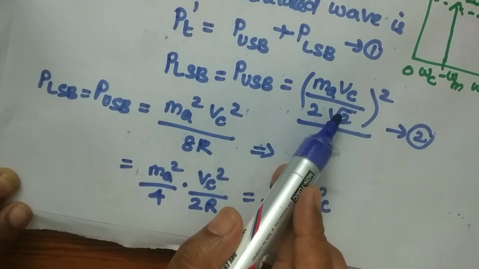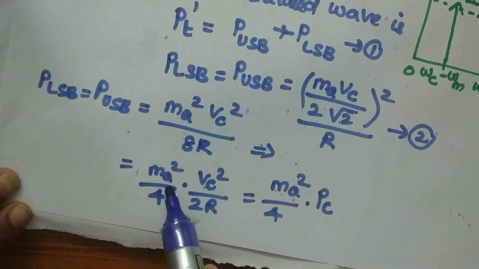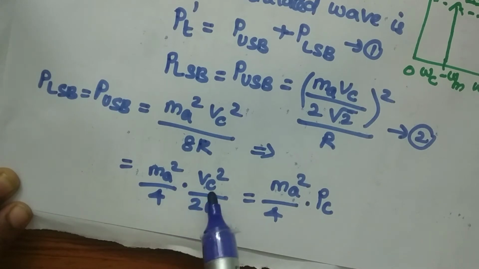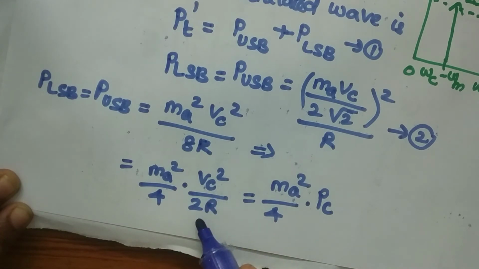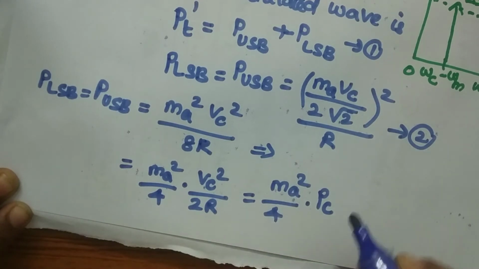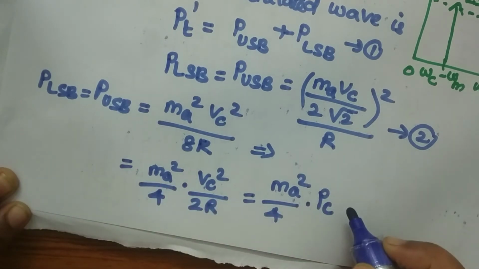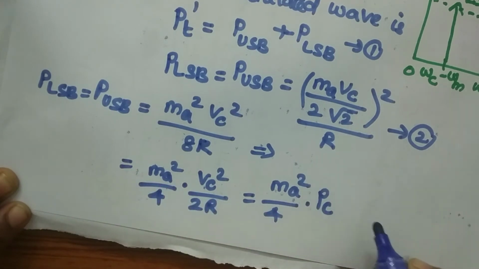Simply expanding this expression, we get MA squared by 4 into VC squared by 2R, because we know the value of PC. PC is nothing but VC squared by 2R. So the power expression for double sideband suppressed carrier is MA squared by 4 into PC. This is the sideband power equation for USB and LSB.